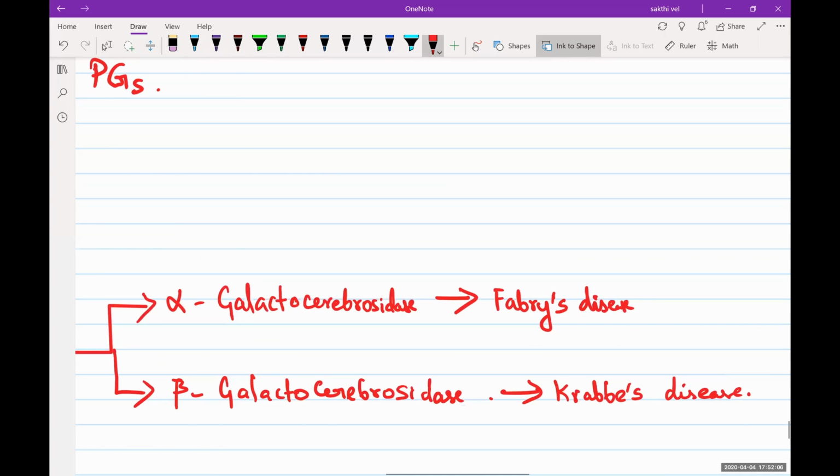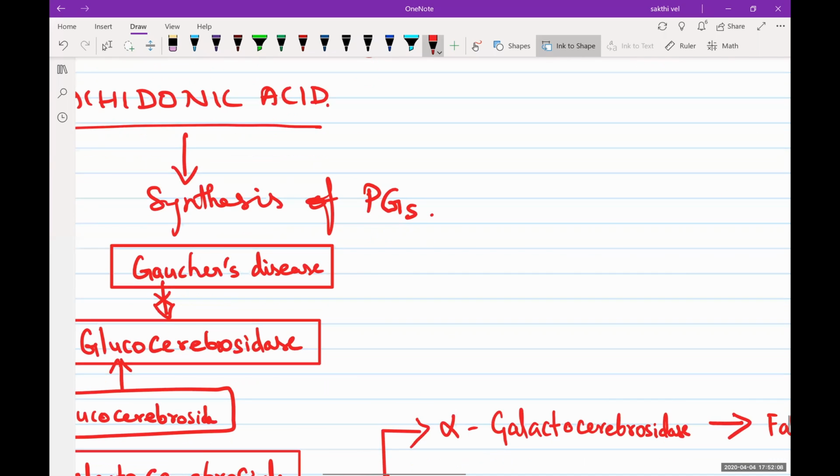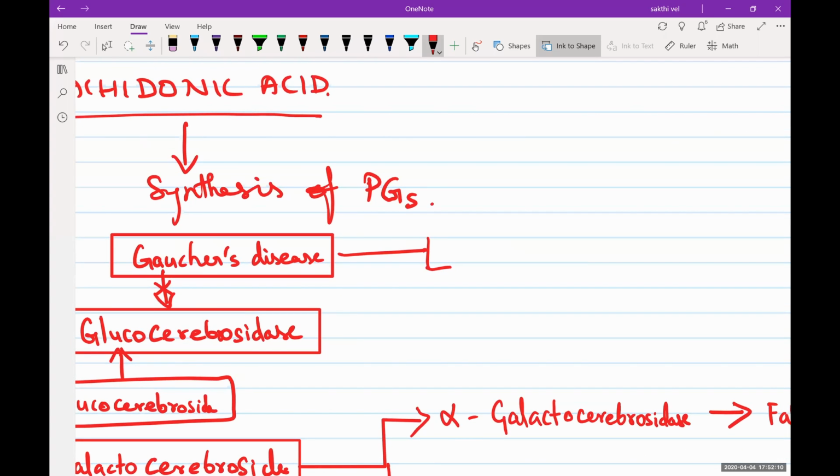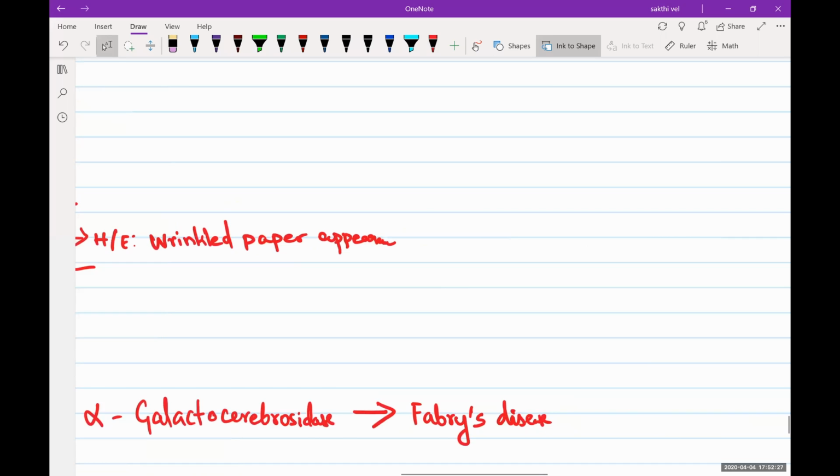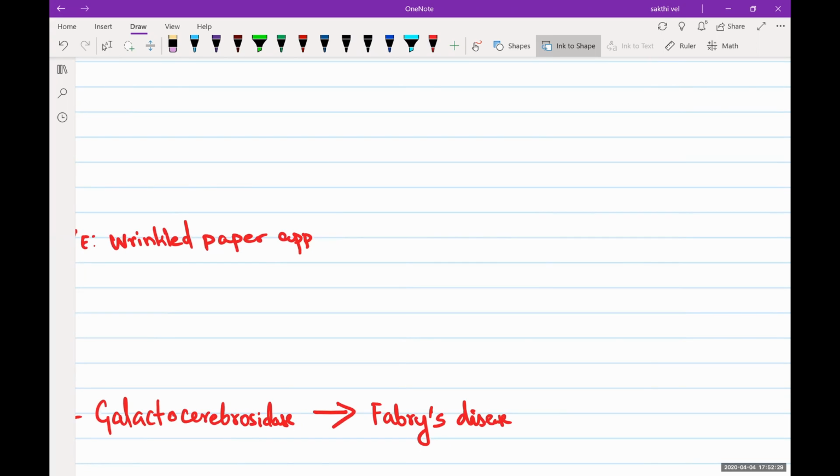Okay. And now, what are the important features of Gaucher's disease? Two things. Histopathologically, you will see the wrinkled paper appearance, and the cell is called the Gaucher cell.